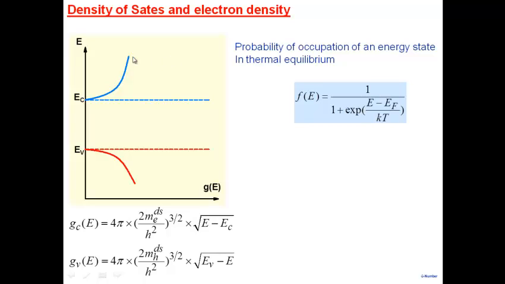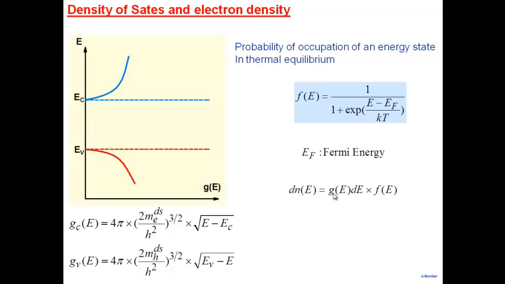Now let's focus our attention on the conduction band, and the number of electrons in it. g(E) dE gives you what? The total number of energy states in an energy increment dE. That's the definition of g(E).